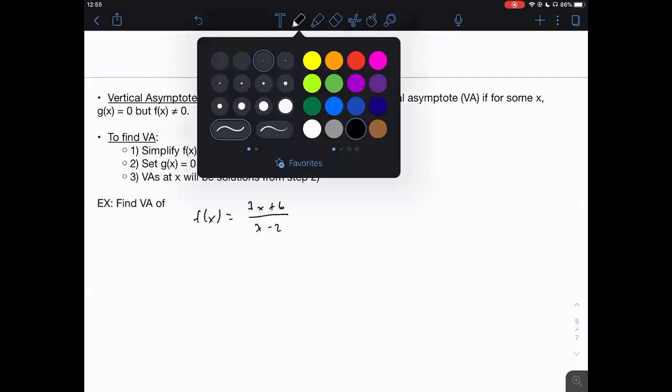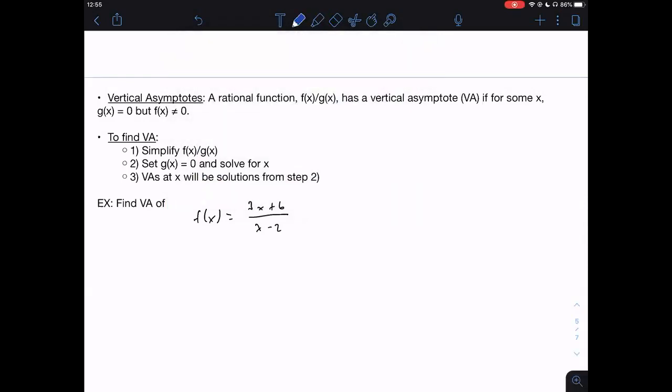Now, the first thing we want to check is whether we can simplify the given rational any further. Let me write the equation, 3x plus 6 over x minus 2.